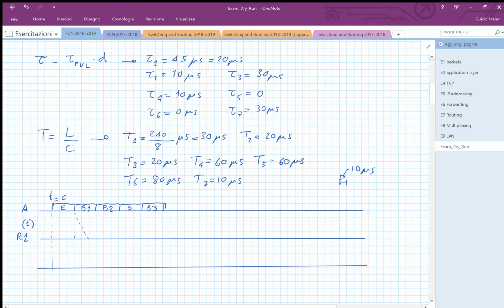So this is the propagation delay, and then we are arriving to find all the packets in R1.